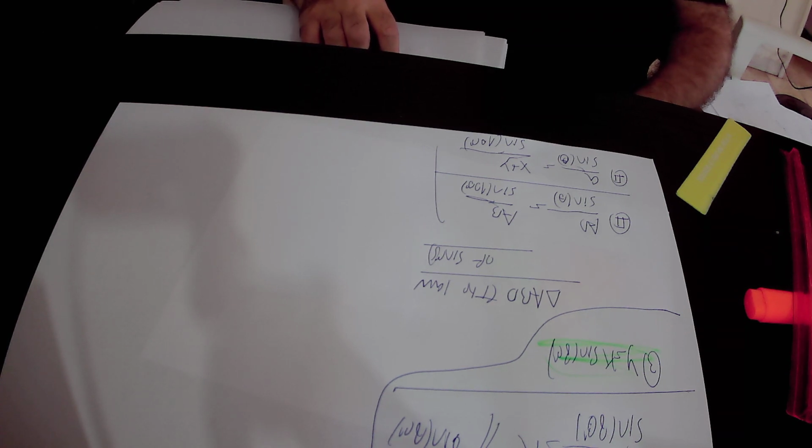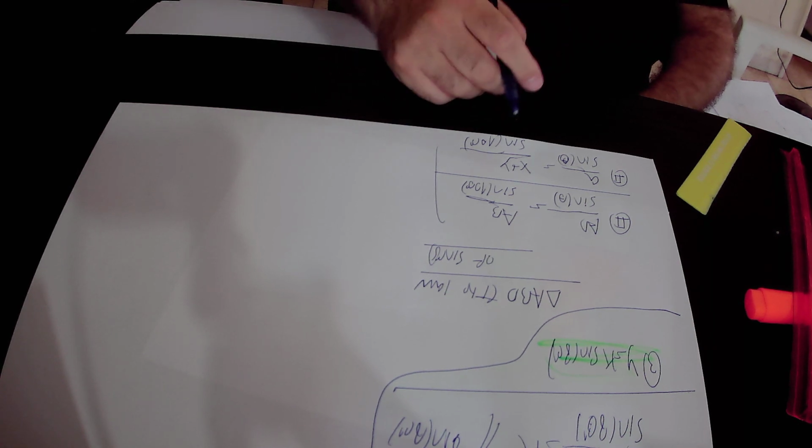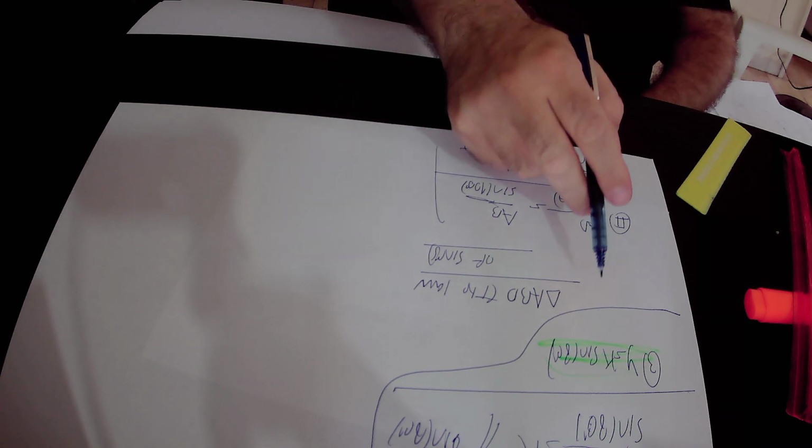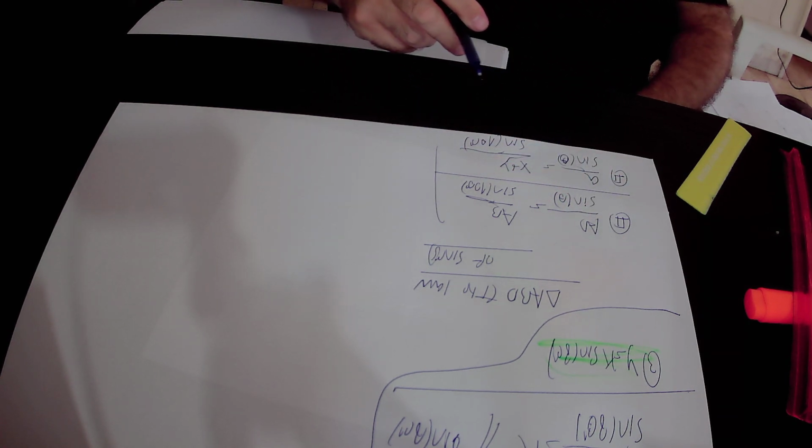Here we substitute a by k times sine 40 degrees, x by k times sine 60 degrees, and y by k times sine 80 degrees.